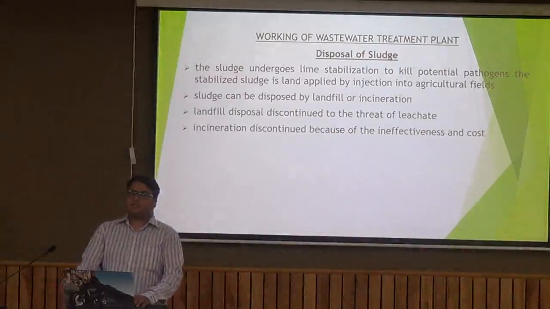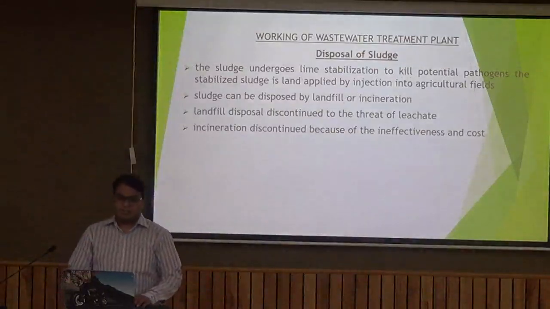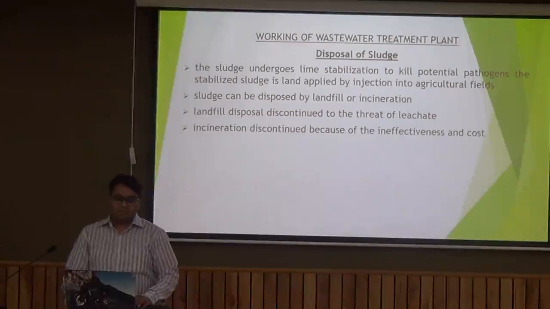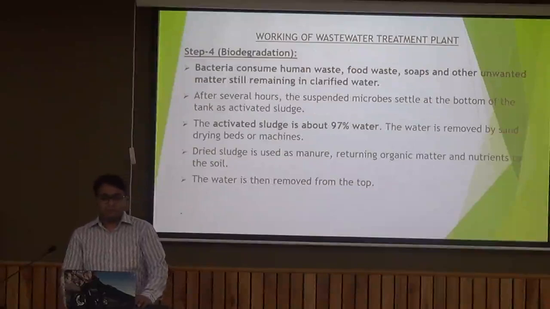Now how is sludge disposed? It can be done using lime stabilization so that we can kill all the potential pathogens that can cause damage to human or animal life. It can be disposed by landfill, by incineration, or we can use it as manure for producing dry manure. Next is biodegradation.